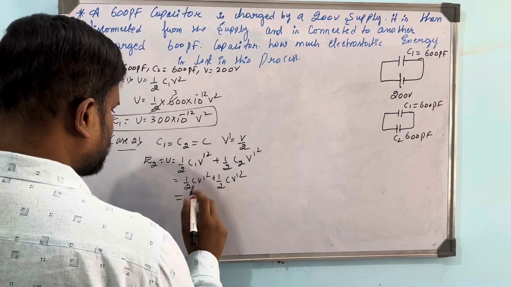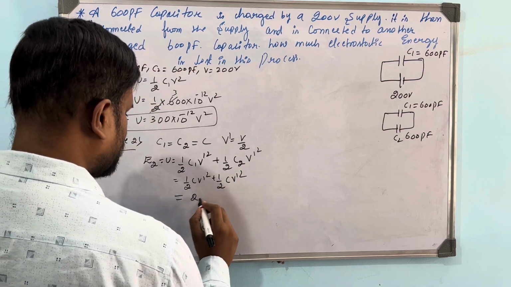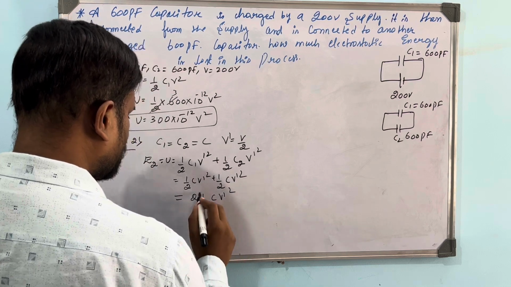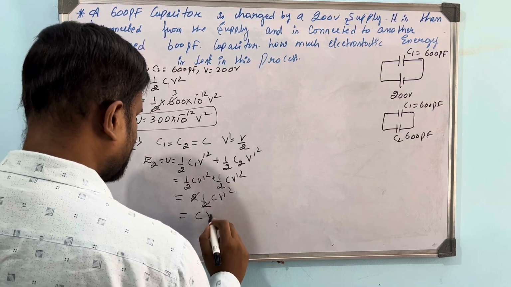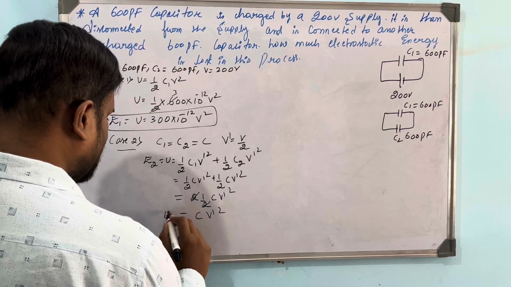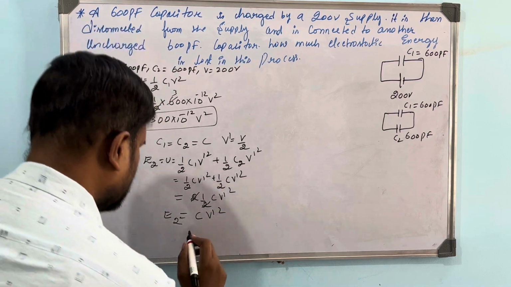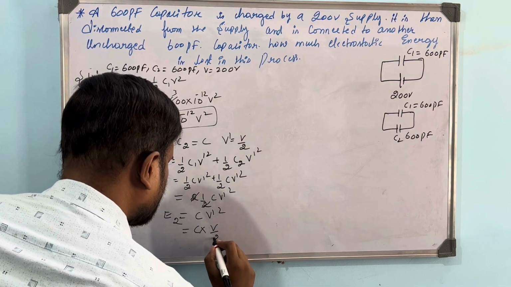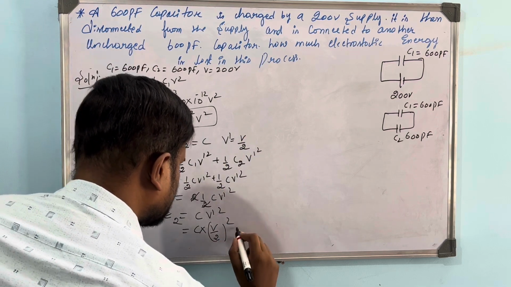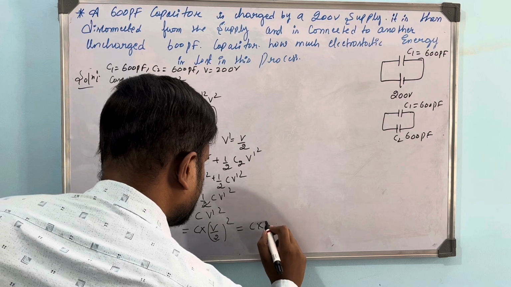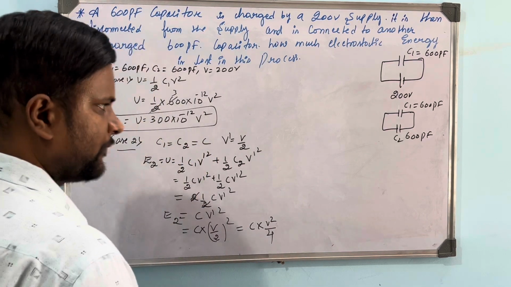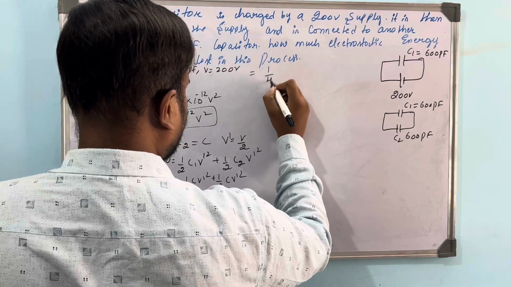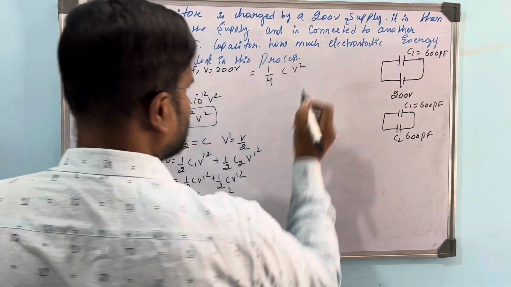Two terms are there, so the 2 cancels and E2 is C V dash square. V dash is V by 2, so that is C into V square divided by 4, that is 1 divided by 4 C V square.